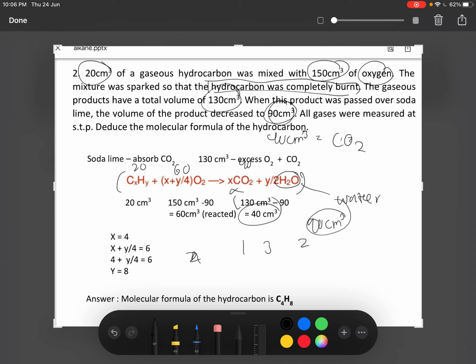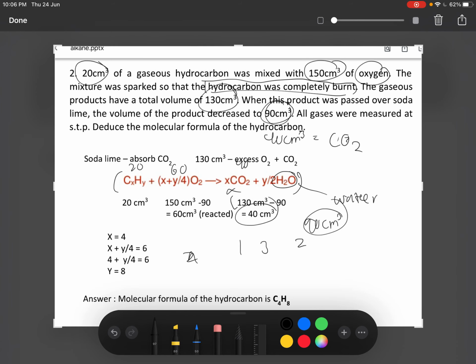Let me check. I have to ask about this again, but to be safe, I'll just divide everything by 10. Then x equals to 4, right? Because divided by 10 is 4. So it's 2, 6, 4. Then x plus y over 4 equals to 6. And then, yeah, y equals to 8.